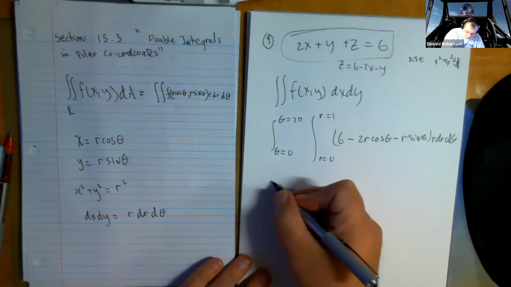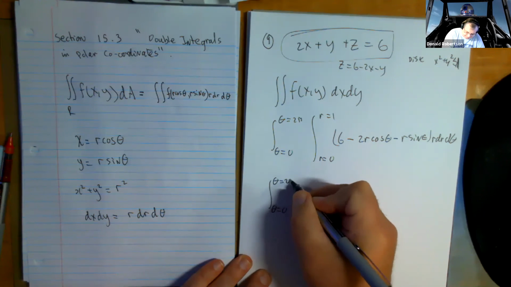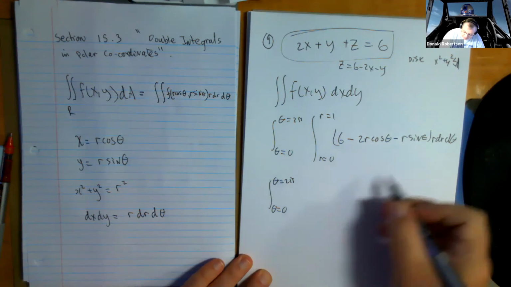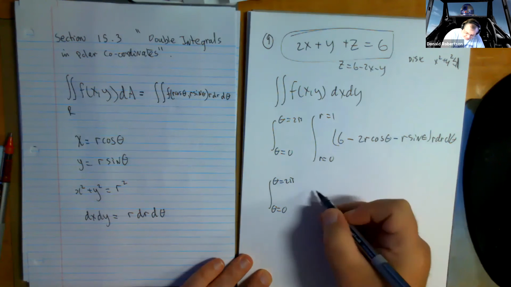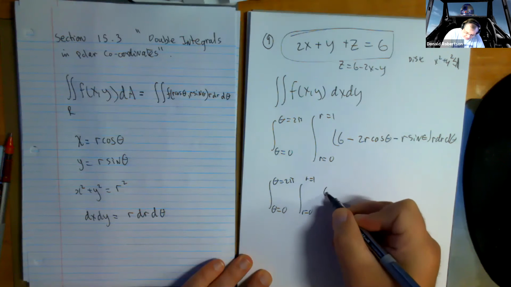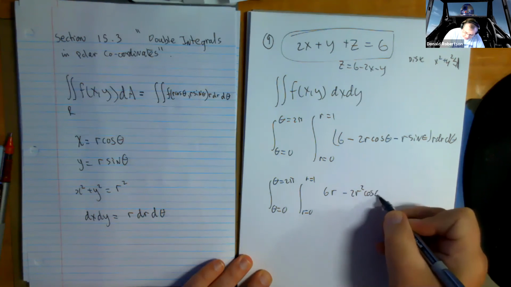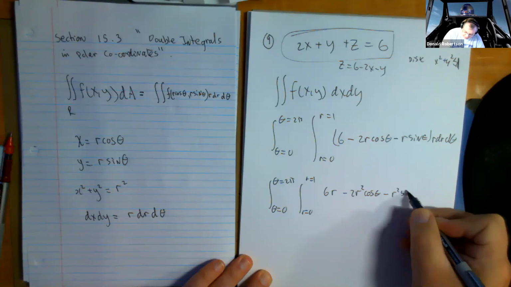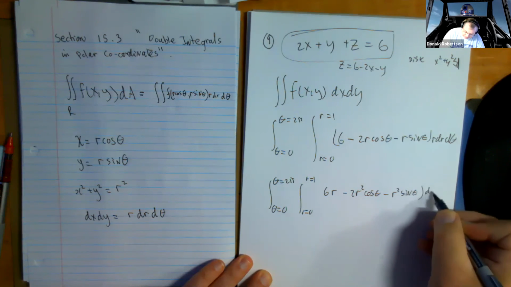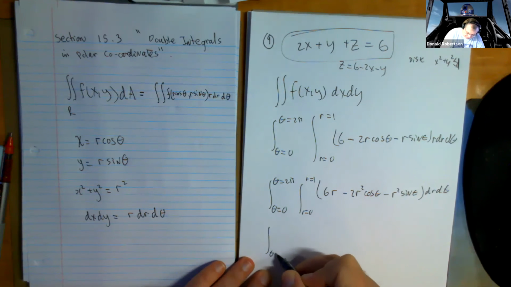So maybe I'll take it just one more step and leave it. This R becomes part of the question. So it should be called 6r, 2r squared cos theta, minus r squared sine theta, dr d theta. Okay, now I can do the step I was going to do.